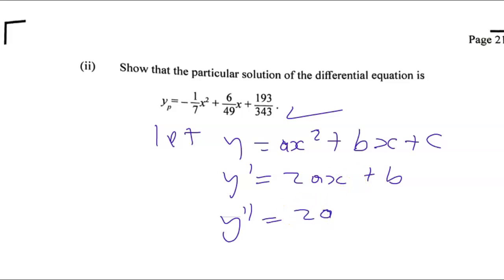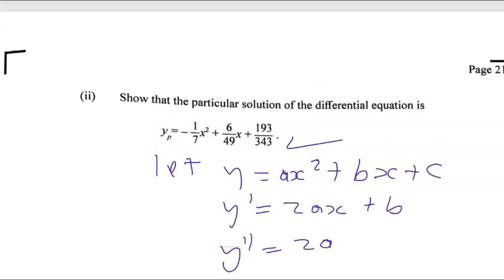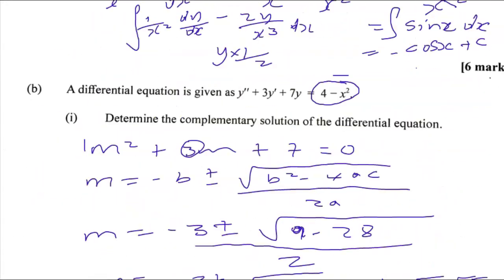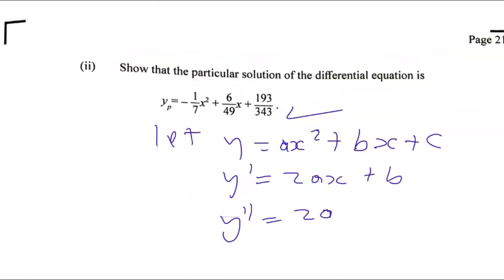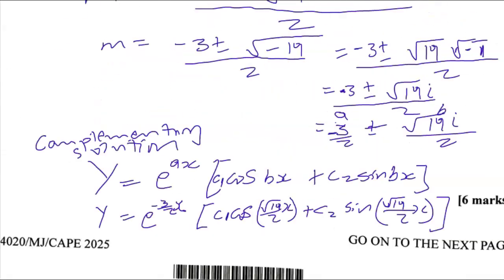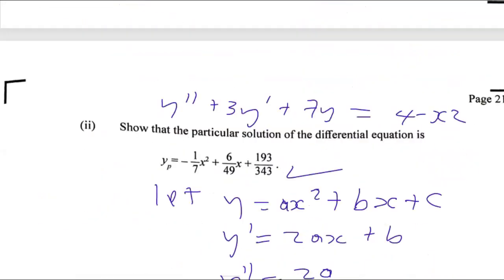And we can substitute these now into, remember, let me just rewrite the equation here. The second derivative plus 3y prime plus 7y was equal to 4 minus x squared. Right? Was it 4 minus x squared? 4 minus x squared, alright? So we can substitute.